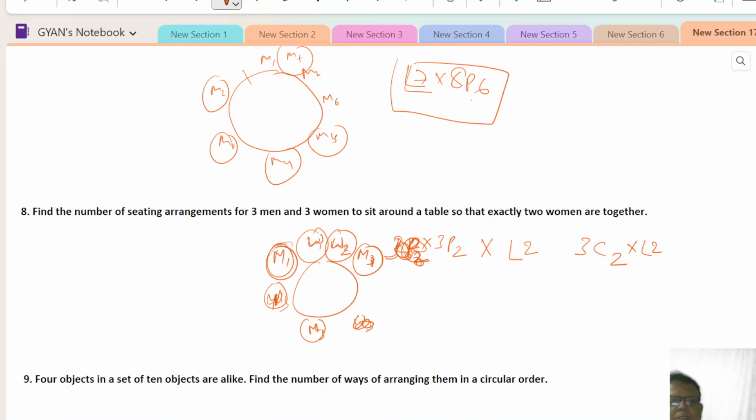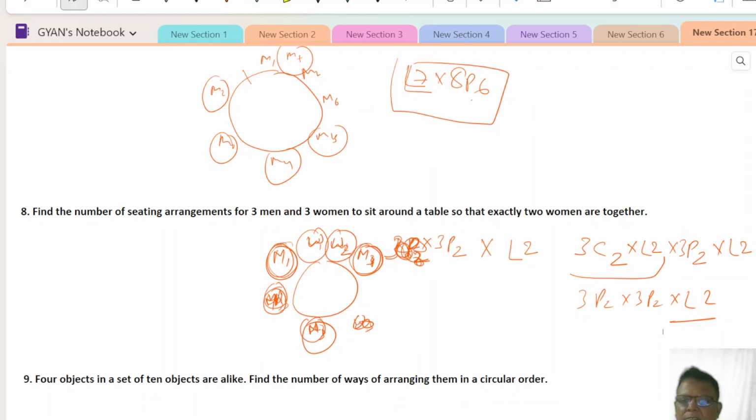Now 2 places for men are fixed, so 3 men can be arranged in 3P2 ways. Now 1 man M3 and 1 woman W3 are balanced. How many ways can this be done? Factorial 2 ways. So you include that, then this is 3P2 into 3P2 into factorial 2. So this is the answer.